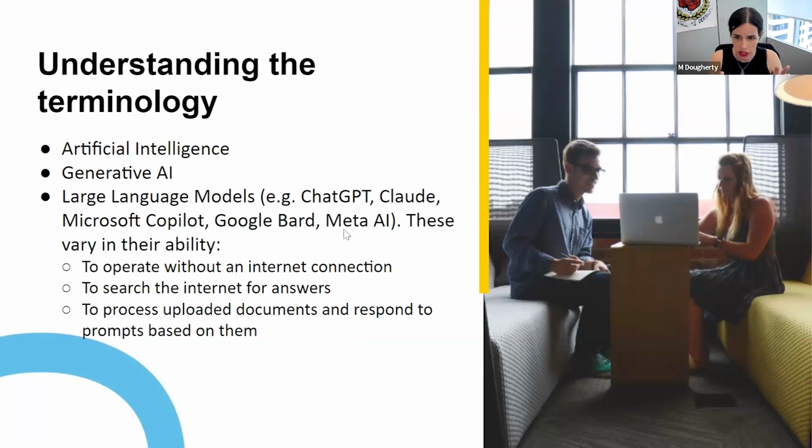So a very brief introduction to the terminology that we use in this field. When we speak about artificial intelligence, we're speaking really, really broadly. We're talking about any computer program which learns and adapts to new information. When we're talking about generative AI, we're talking about a subset of AI programs which, based on a large amount of training data, create genuinely new outputs.